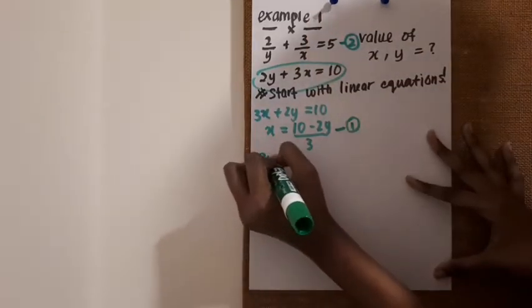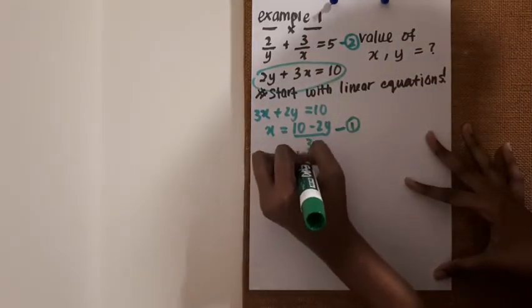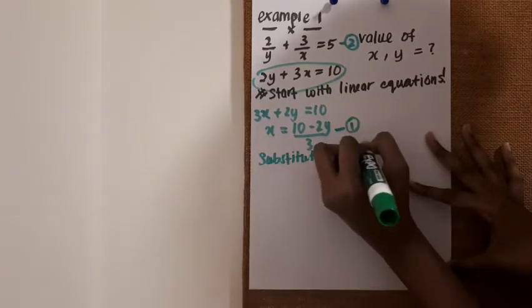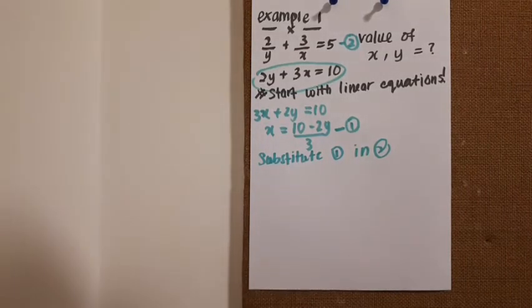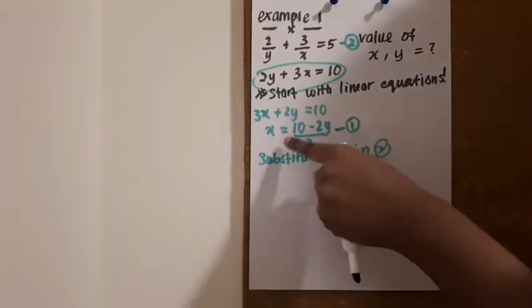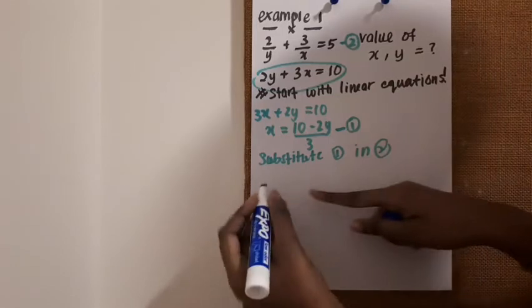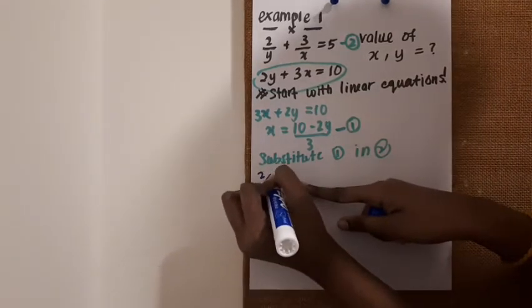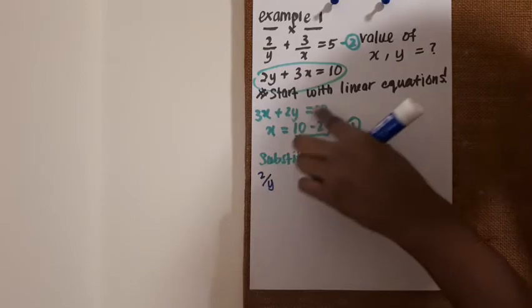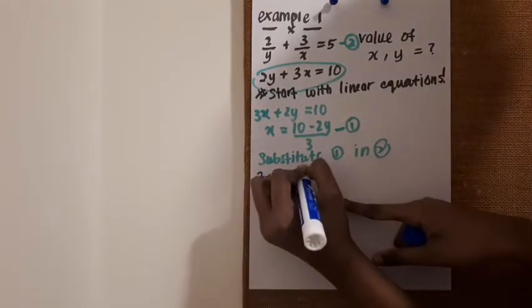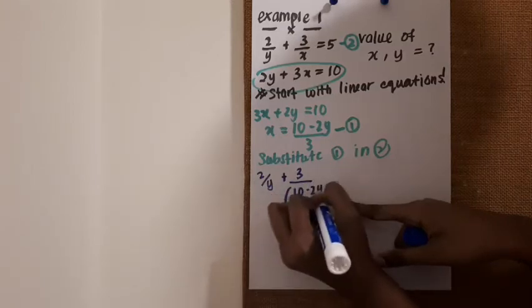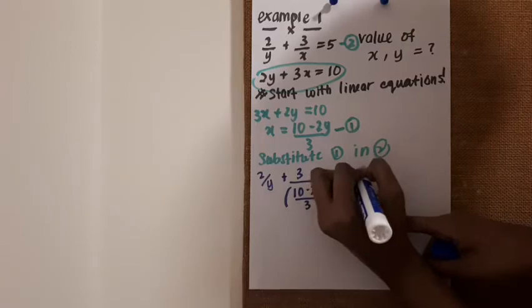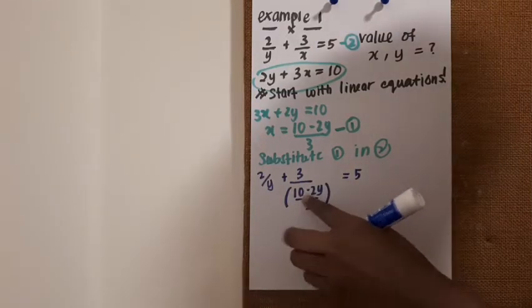So what we are going to do is substitute first in second, and then when we solve we can find the x and y values. So by substituting 1 in 2 we get, so what does substituting mean? We are going to change all the x's to this one here, equals to 5, and 3 divided by this.